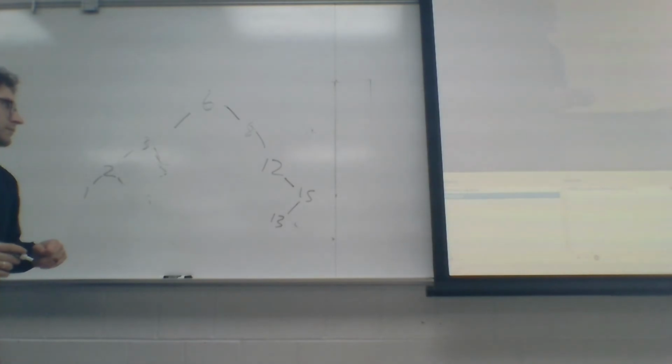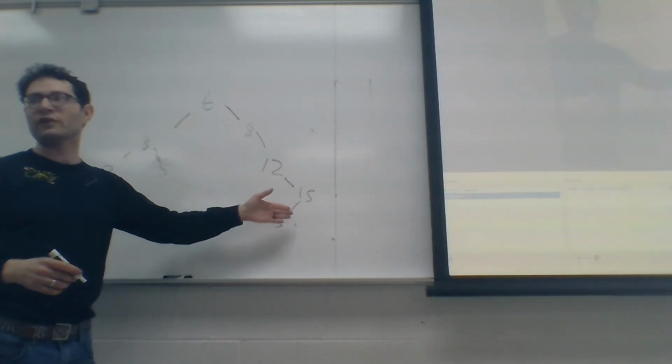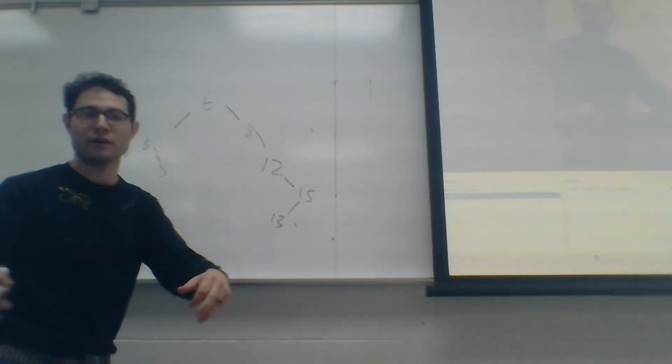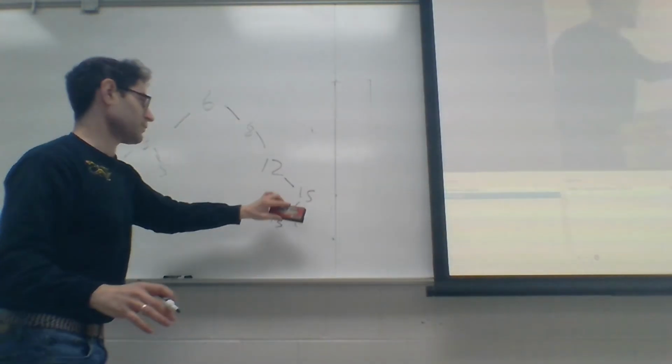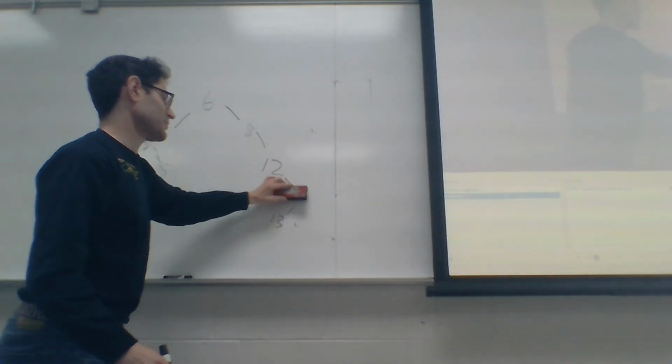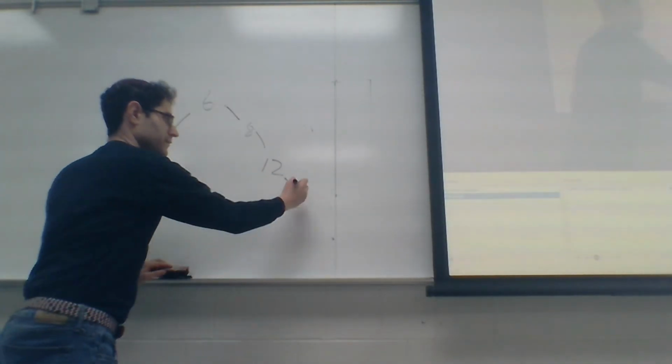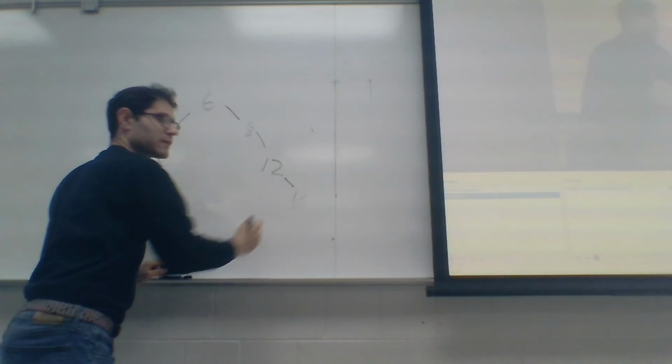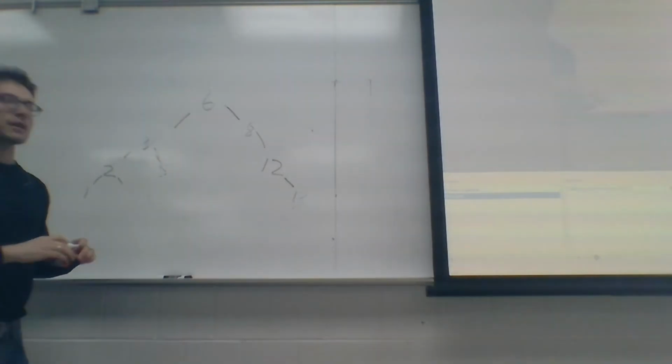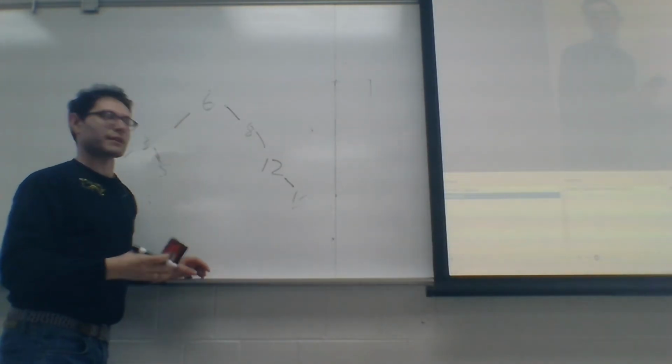Now if I wanted to get rid of 15, that's fairly straightforward because it only has 1 child. So we just simply have 12 adopt 13, just like that.